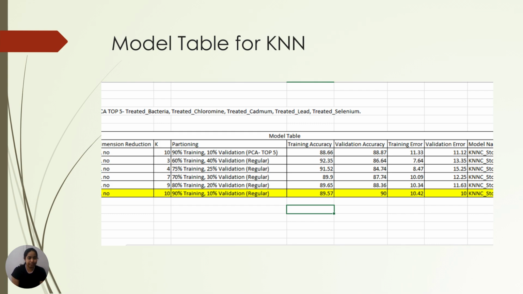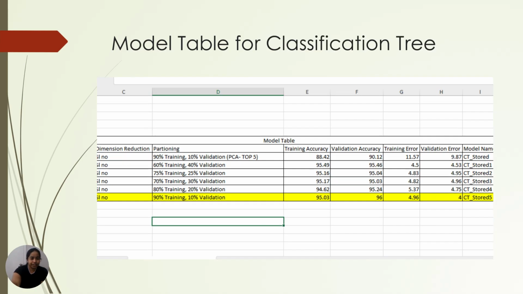The best model we got is the regular one with a K value of 10, 90% training and 10% validation, which gives around 90% validation accuracy, very good and effective results for KNN.